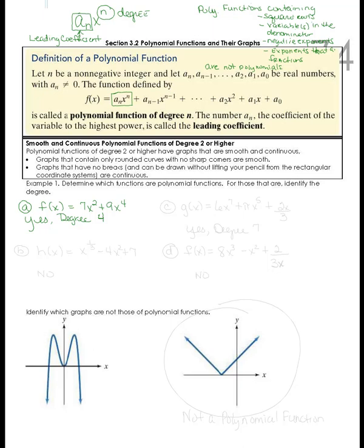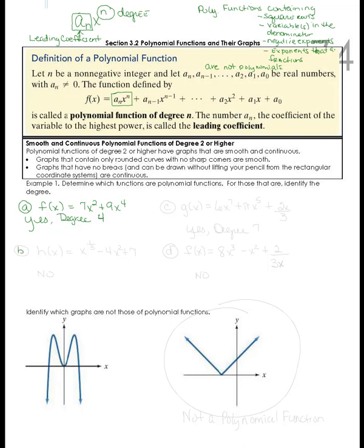Since the degree is 4, our leading coefficient would be 9. If you want to, you can write 7x squared plus 9x to the 4th in descending order of power, where the first term has the leading coefficient because of that power of 4.